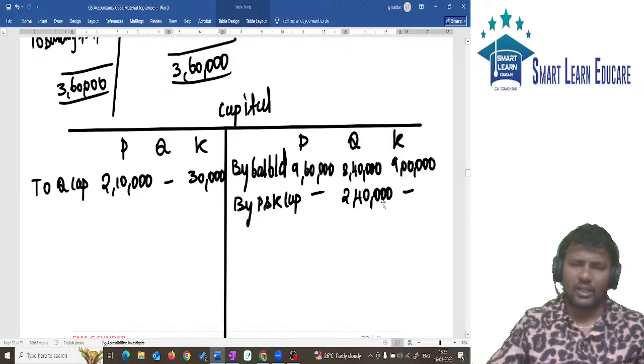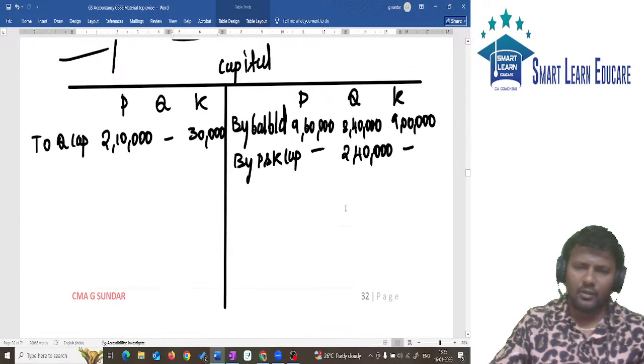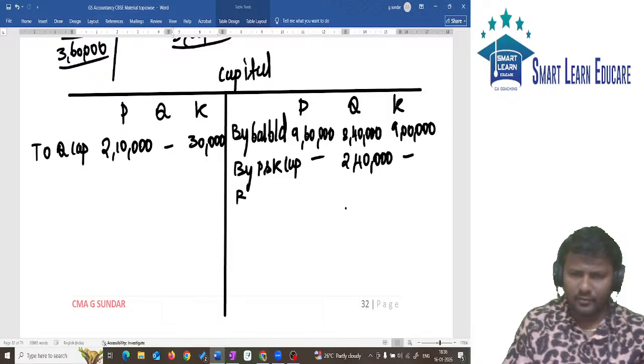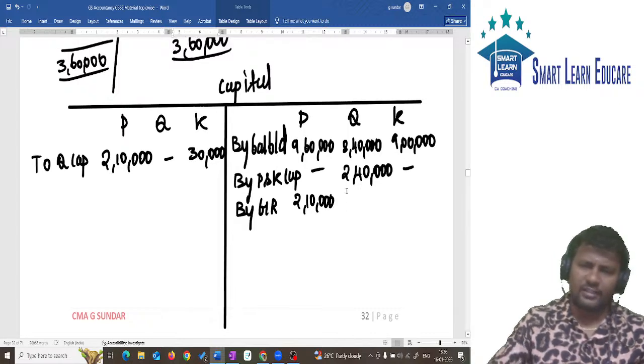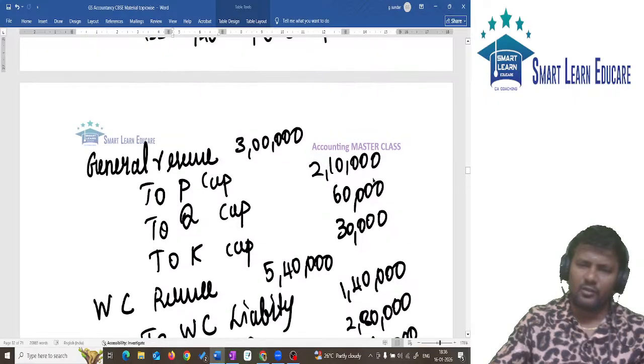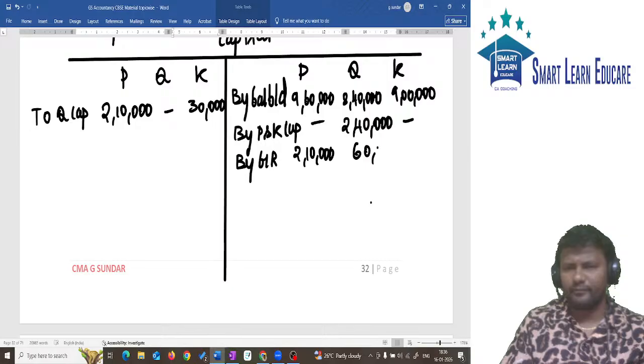Next, the reserve entry. Reserve, what is the journal entry? Reserves to partners: 2,10,000, 60,000, 90,000. By general reserve 2,10,000. And what are the amounts? 90,000, 60,000, 60,000 and 30,000.